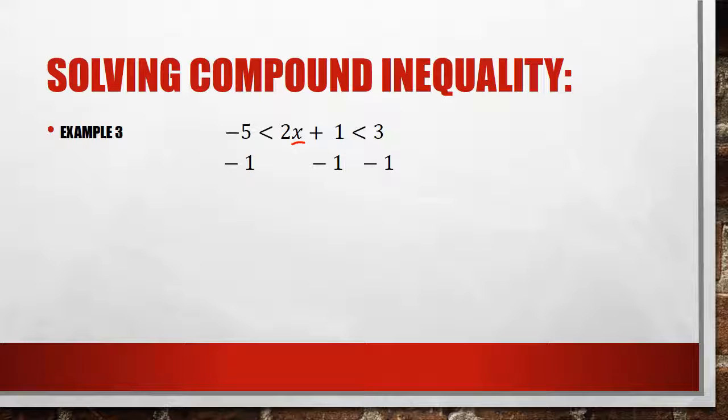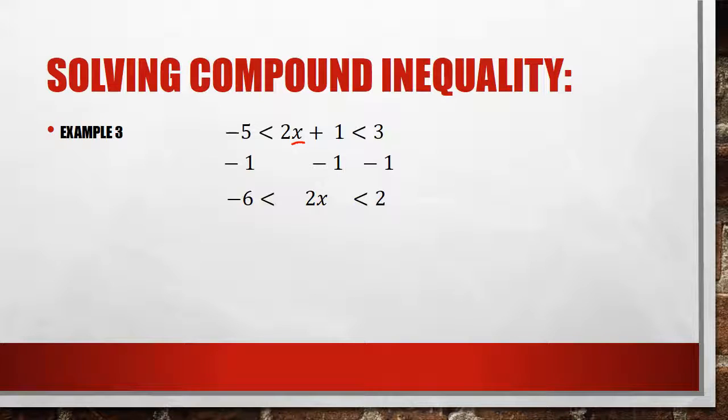And this is the key thing in solving inequalities or compound inequalities. Whatever you do to one side, you do to all sides. So if I want to get rid of 1 in the middle of the inequality, I have to subtract 1 from all sides of this compound inequality.